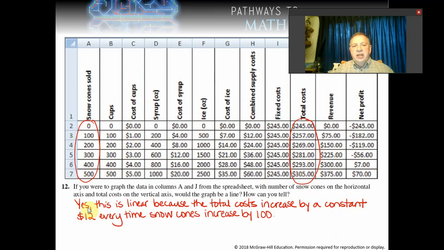Yes, this is linear because the total cost increases by a constant $12 every time snow cones increase by 100. So that constant times this number gives us that one.